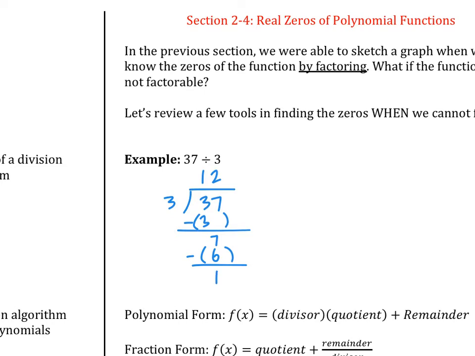Now, how do we write this answer? We write it as 12 and remainder over divisor. So let's talk about the different things in here. This thing is called the remainder. The answer to the division is called the quotient.